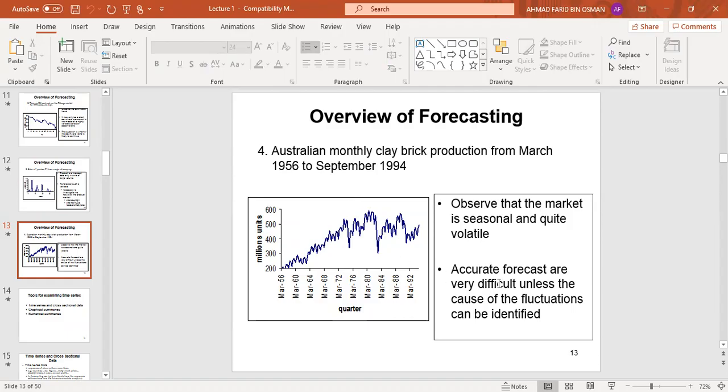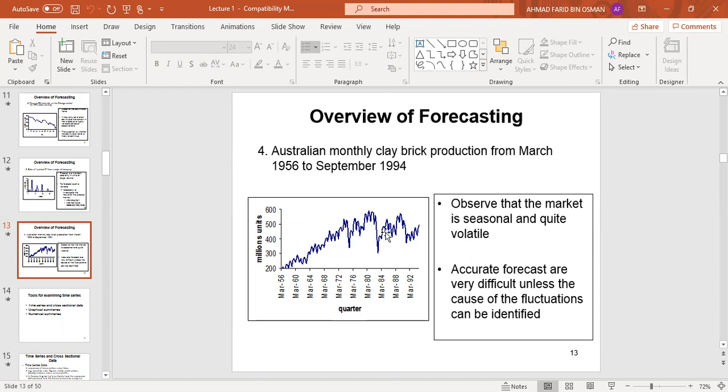Accurate forecasts are very difficult unless the cause of the fluctuation can be identified. So perhaps for this one, you can use a combination of the past historical pattern as well as other factors, like explanatory variables, to explain the behavior of the series.